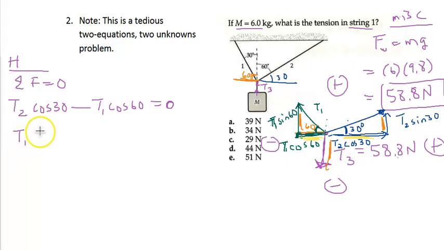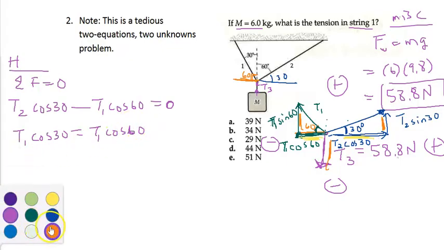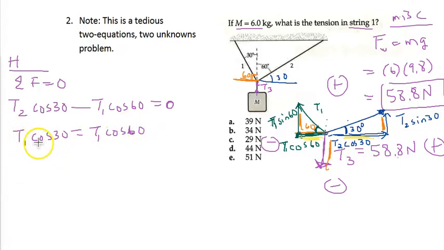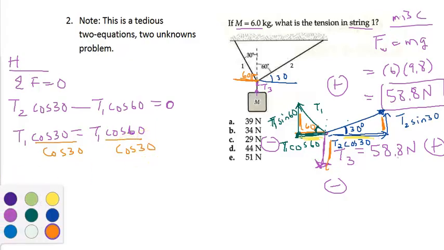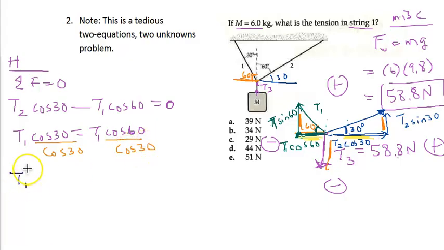So T2 cos 30 equals T1 cos 60. I guess because we tend to solve things here, you could divide, but you could solve for T2. So T2 equals T1 cos 60 over cos 30, right?